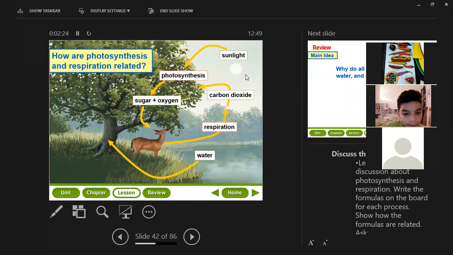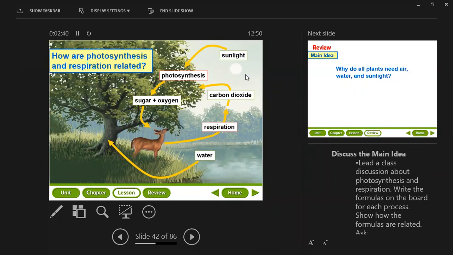You have to know the sun is the most important source of energy. The sugars produced in photosynthesis are the fuel. The energy is released when cells use oxygen to break down sugars in the process of cellular respiration.